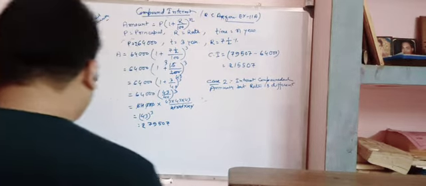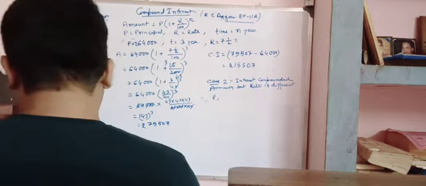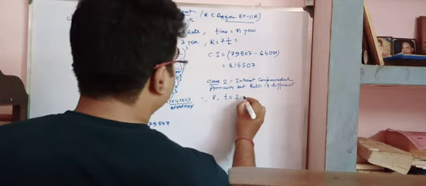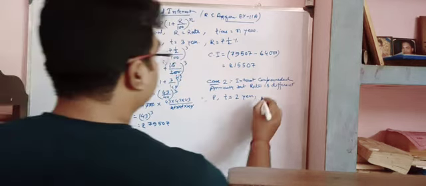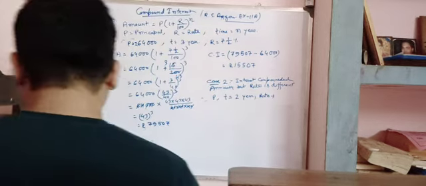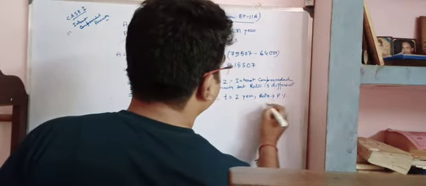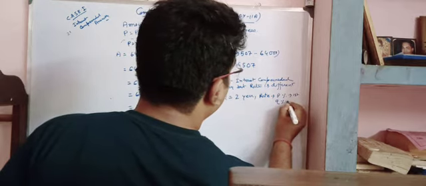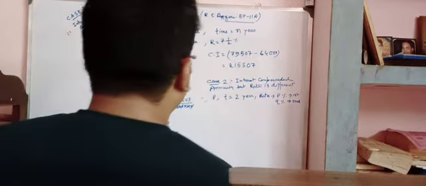Suppose we take principal as P and time as 2 years. Rate is p% for the first year and q% for the second year.